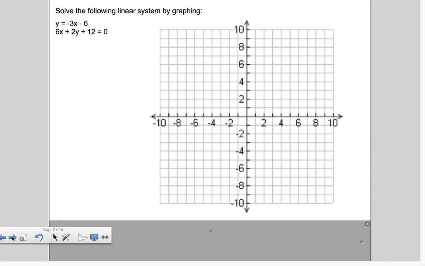This last one, if you actually graph it, this is what you get. The y-intercept is -6, and the slope is -3. So this is the black line. Now let's graph the red one. It looks exactly the same.